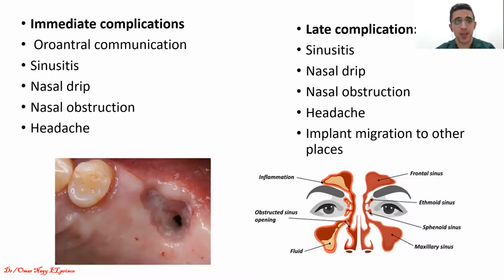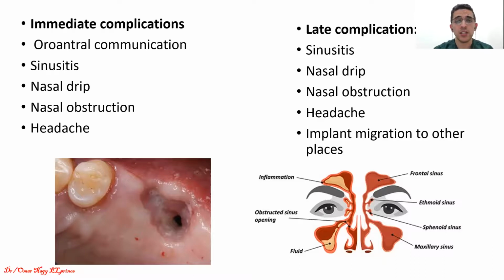But not all patients with a displaced implant into the maxillary sinus have an oro-antral communication. مش شرط، في بعض الأحيان بيبقى فيه oro-antral communication and sometimes not. تمام؟ بس الحاجات اللي بتبقى موجودة كتير something like sinusitis, which is one of the most common complications, nasal drip, nasal obstruction, headache, and even migration to other places.